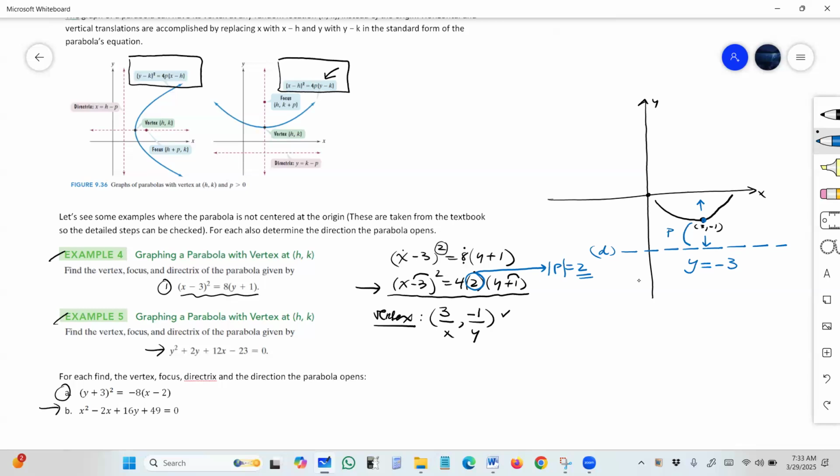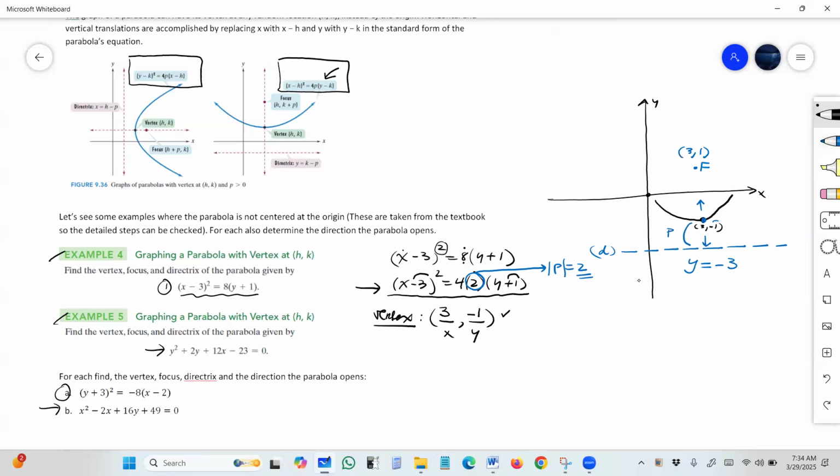So for the focus, it is the same thing. I am at -1 for the y, and I go 2 units up. So -1 plus 2 is 1. So this is my focus. So my focus is at 3, same x coordinate, and y coordinate 1.